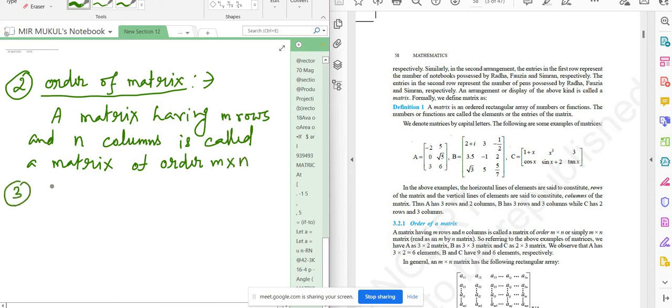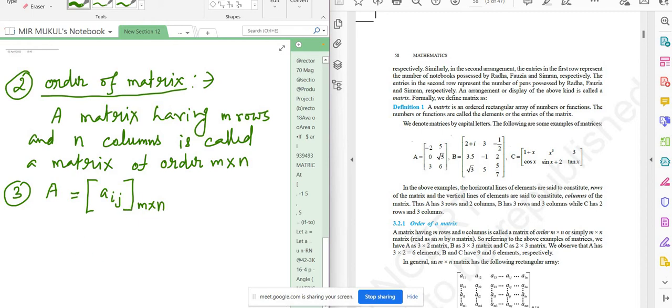Now how can we write a matrix whose order is m cross n? So its element is represented by small letter a_ij, m cross n.